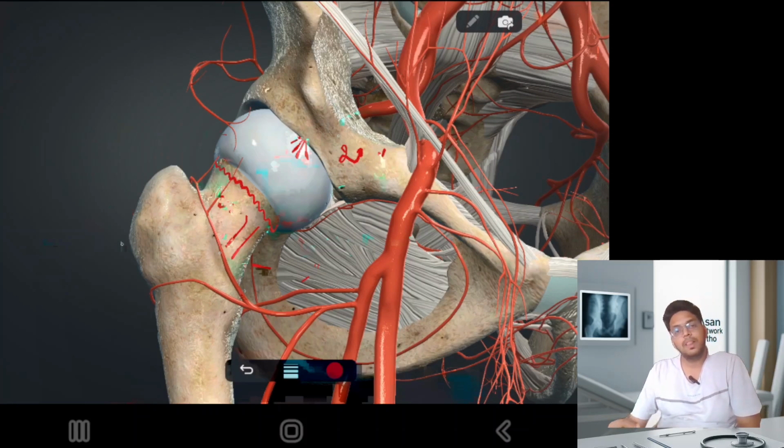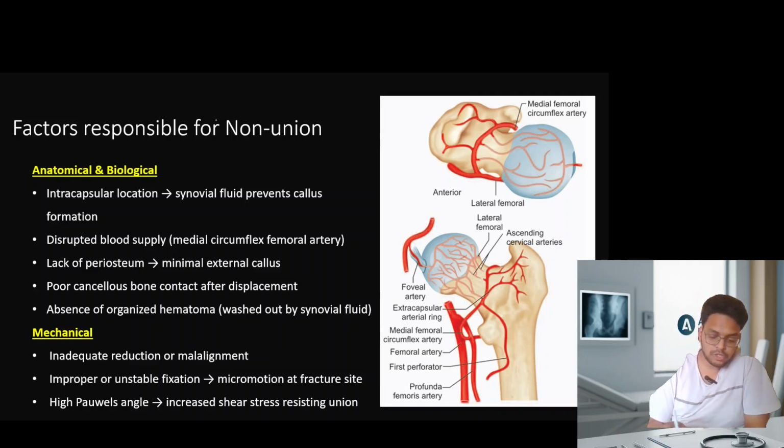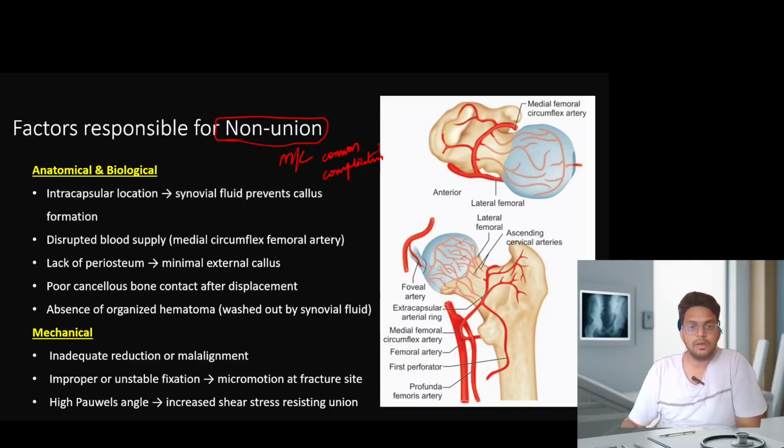Now let's see why avascular necrosis occurs, and the other most common complication that occurs before avascular necrosis. So what are the factors responsible for non-union? Non-union is the most common complication that occurs after the neck of the femur fracture.